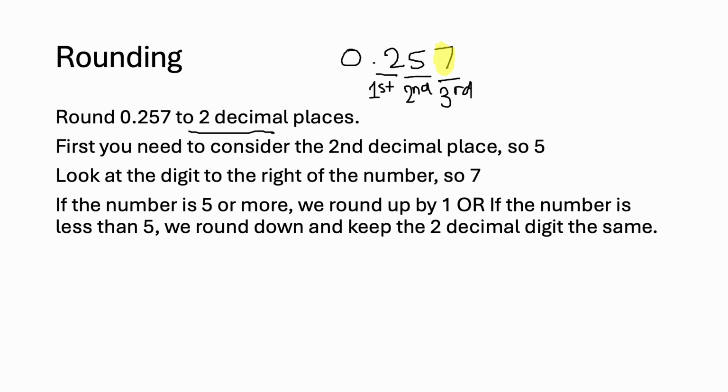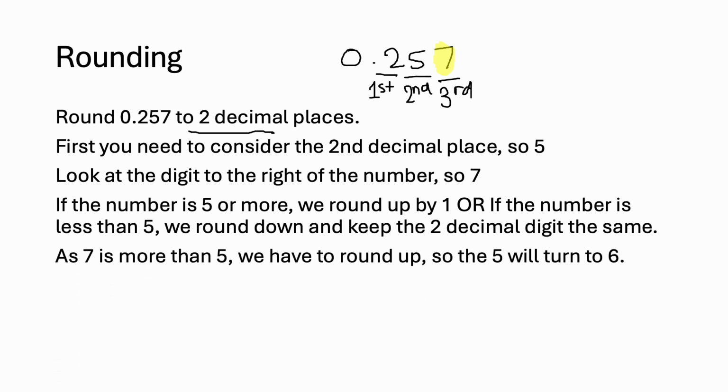That essentially means that we keep the 5 the same if the number to the right of it is less than 5. So if we look at this 7 here, 7 is more than 5. So that means that we're going to have to round up. So that 5 at the end will turn into a 6, meaning we get an answer of 0.26.